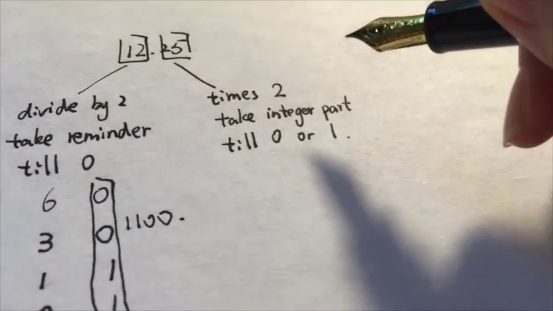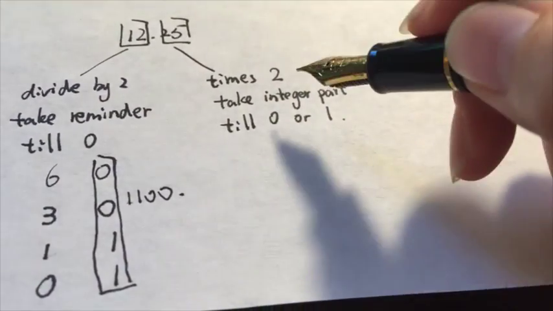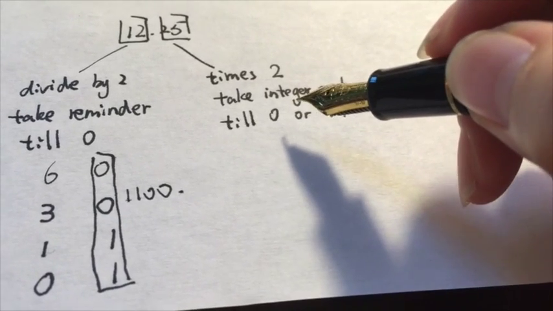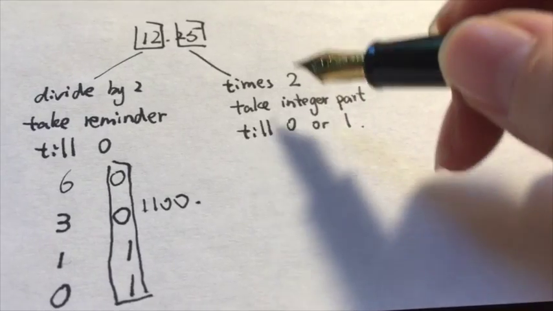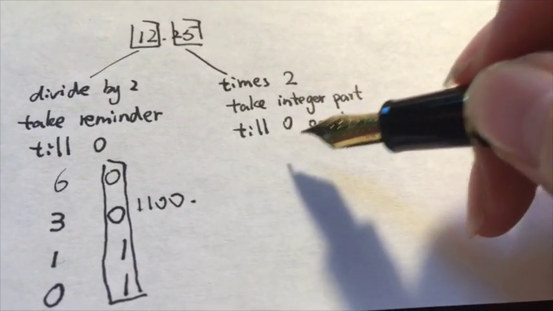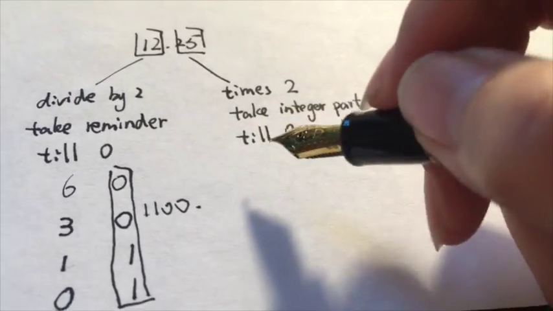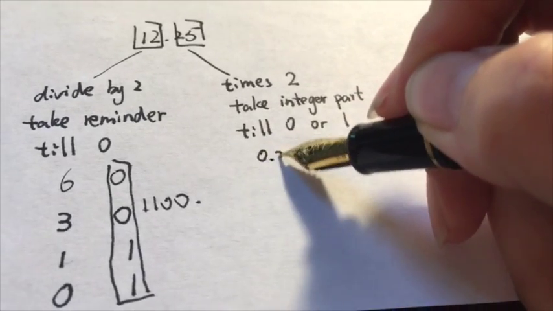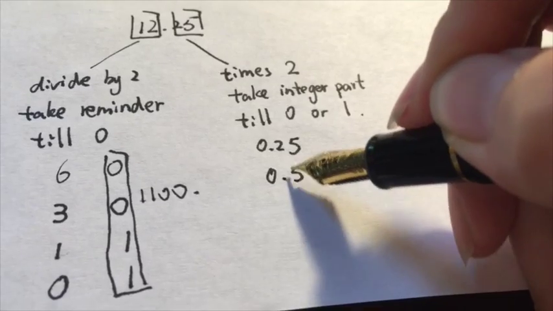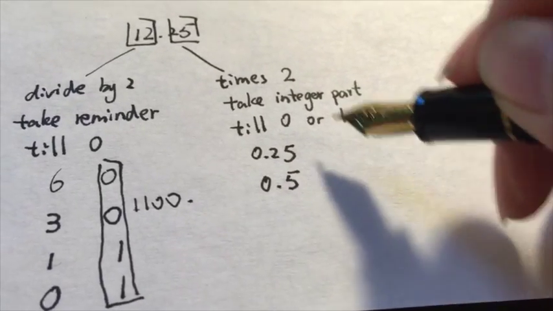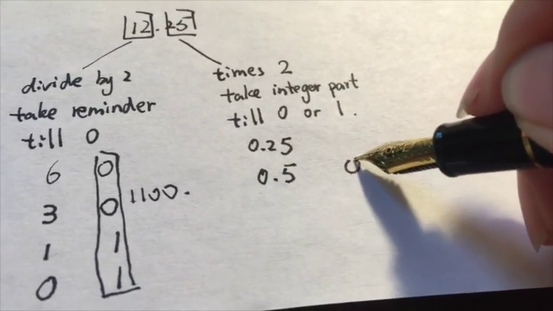And for 0.25, we times it by 2, take the integer part as a result, and use the decimal part times by 2 again until we get 0 or 1. First, we times 0.25 by 2. We get 0.5, and the integer part is 0.